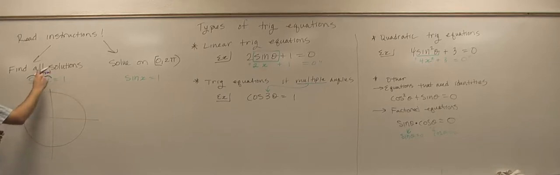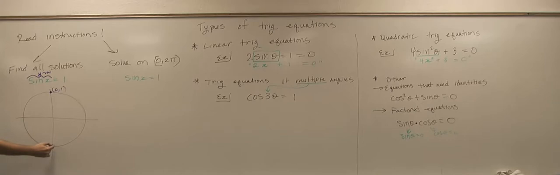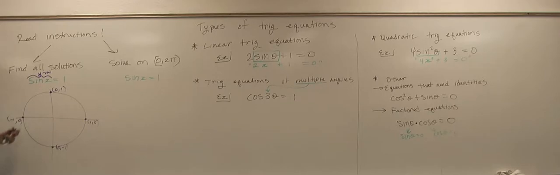And I want to know on the unit circle, where is my y value 1? Right here. It's not 1 down here, because this is negative 1. And it's not 1 over here because these are 0 for the y value. So this is the only angle where sine is equal to 1.